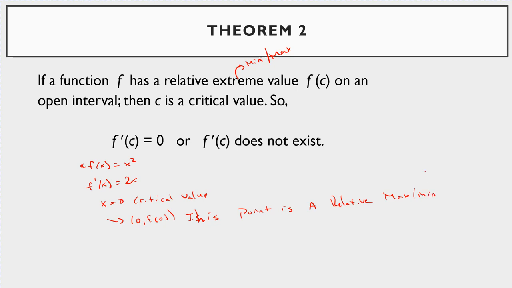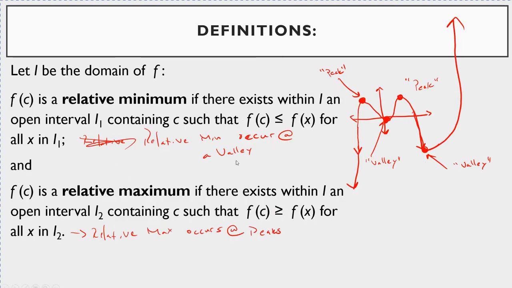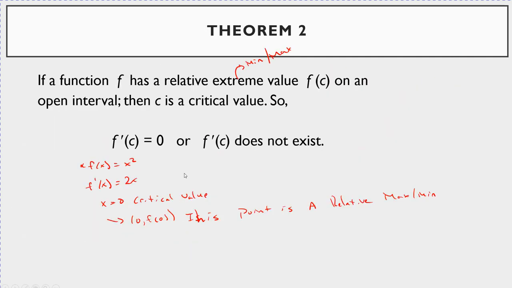All we know from this lecture is that it's a minimum value here. But at least we know for some of the more complex problems you'll see in a little bit, when I get to the other lectures, that these critical values, where the first derivative equals 0 or does not exist, say, okay, you have a relative max or a relative min here. So now it becomes, how do we determine if it's a relative max or a relative min?